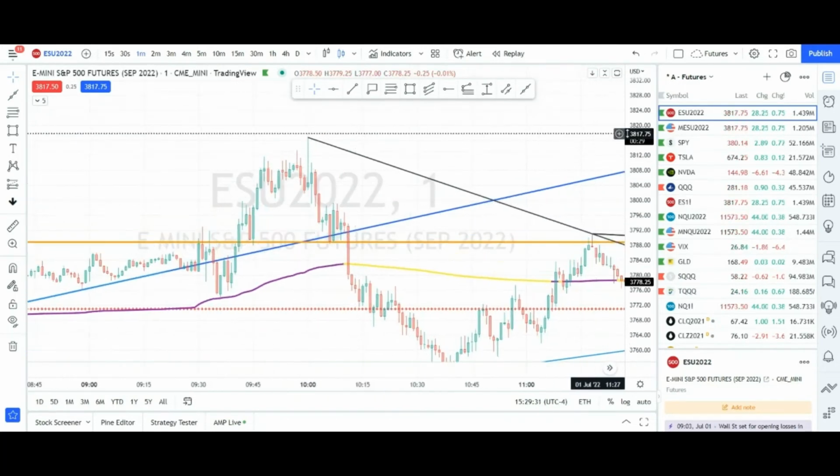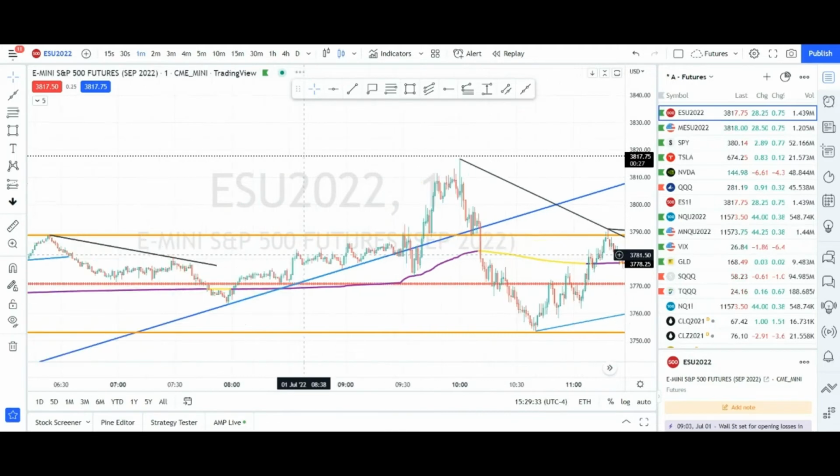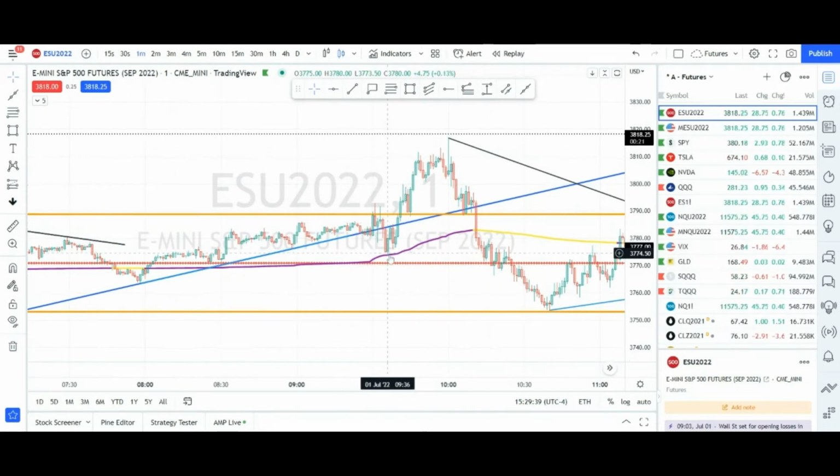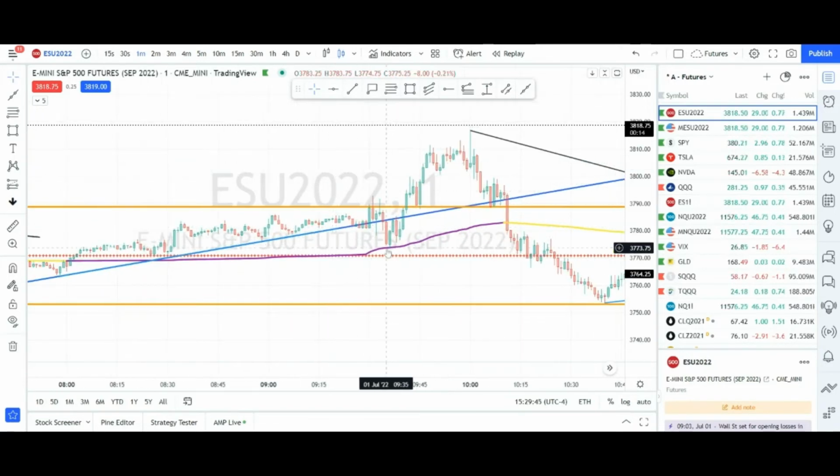If you see, it broke pre-market high, came back down, and took the support over the VWAP line. You don't need to change the color, it will automatically change.